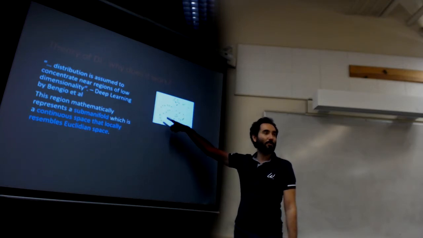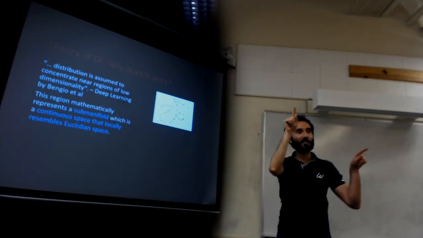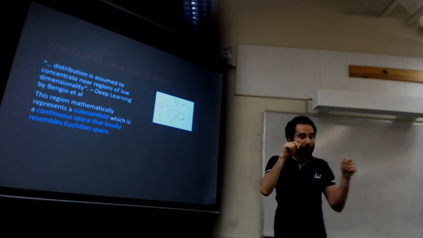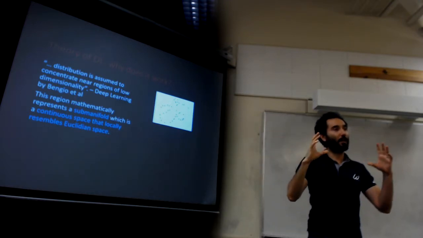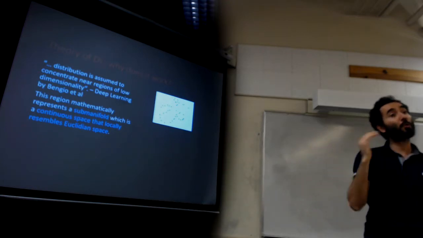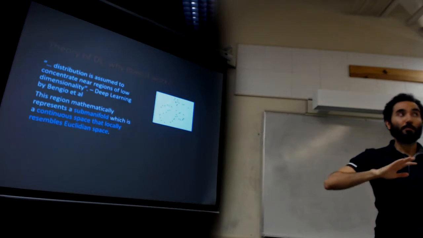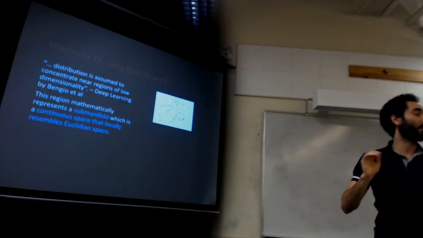These are samples of your data. Initially, it might look like these are discrete points in a very high dimensional space. But if you learn the correct features of these data points, you'll learn, in most scenarios, in fact in the majority of the problems that we have seen so far in machine learning, it's like that.